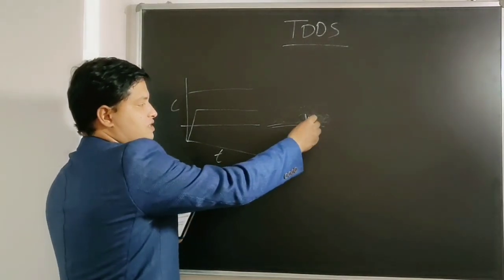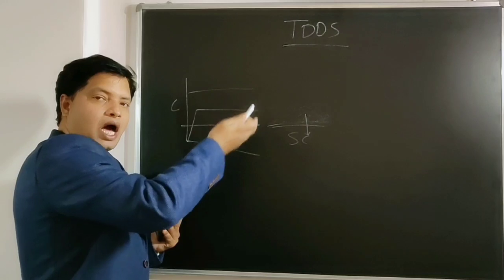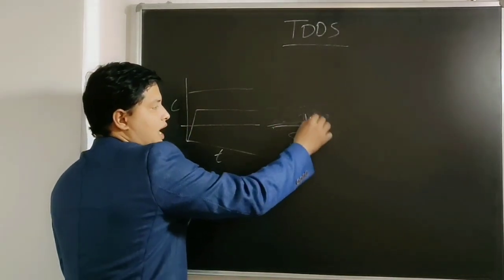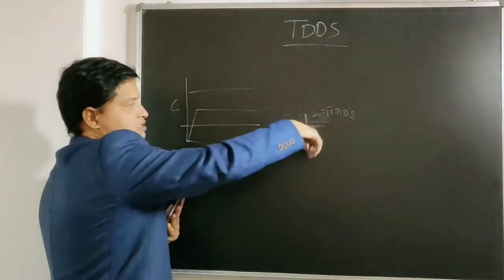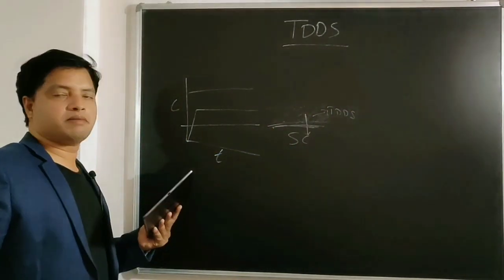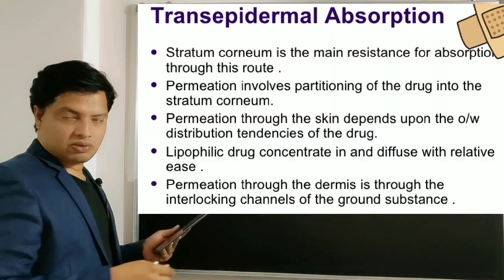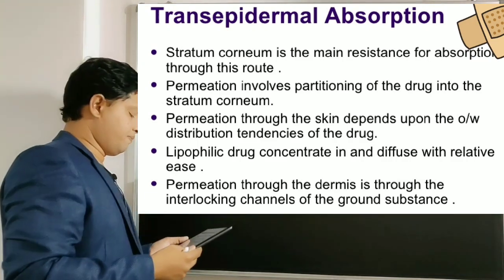The drug has to first get distributed, or partition, between your stratum corneum and the transdermal drug delivery system. Then only it will penetrate through the skin. The first barrier is stratum corneum.